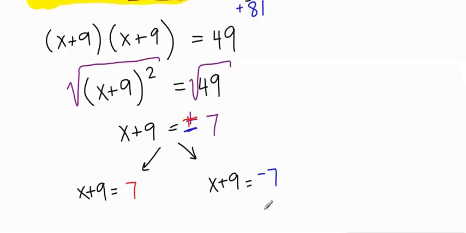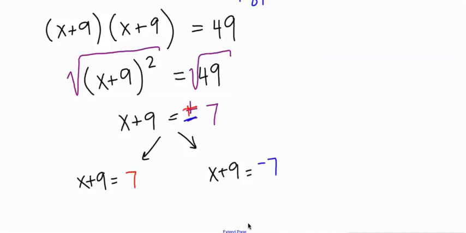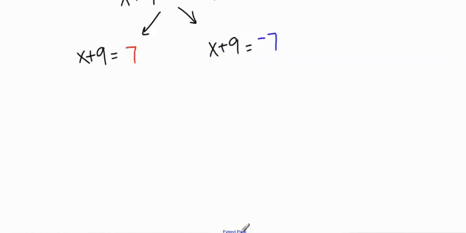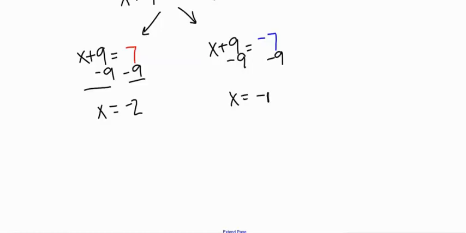From here, I can solve for x. I subtract 9 from both sides, and I get x equals negative 2. I subtract 9 from both sides, and I get x equals negative 16. So my two answers are negative 16 and negative 2.